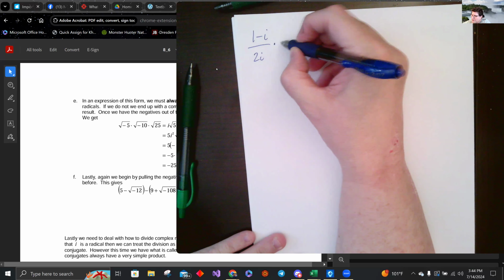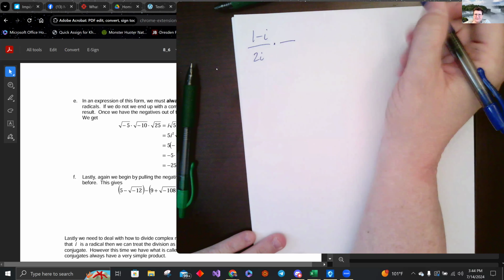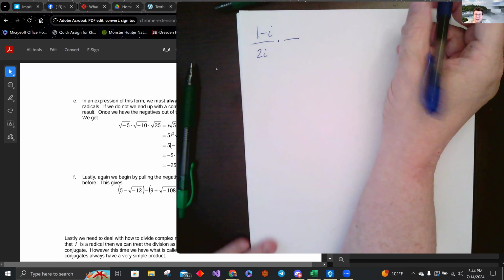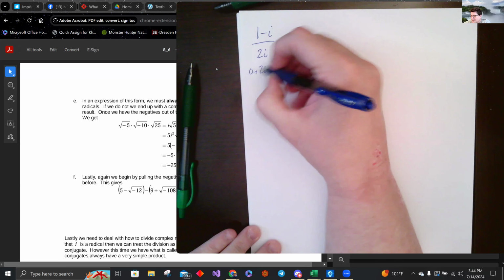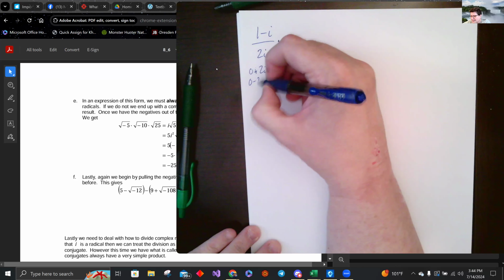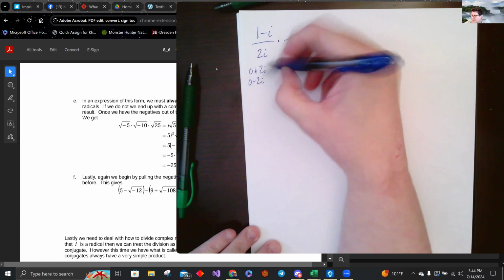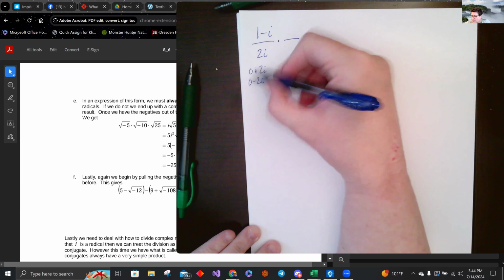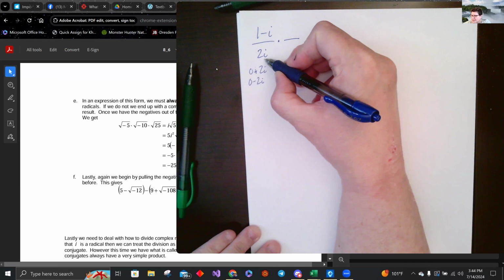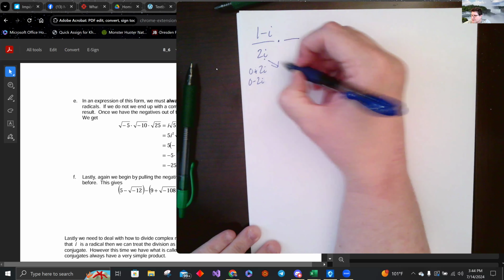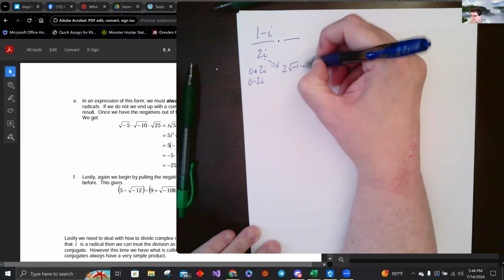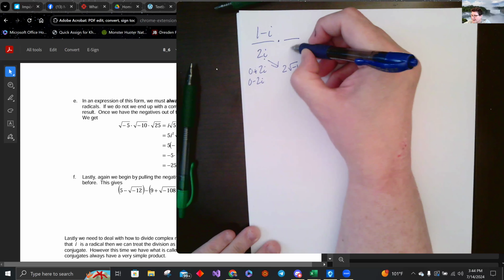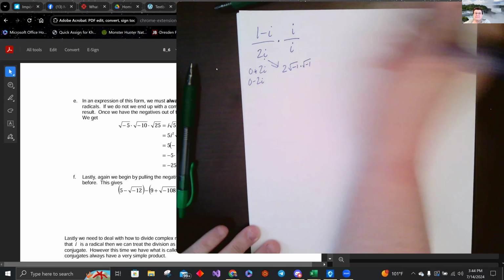Here, if your inclination is to multiply by negative 2i, you don't need to. Because this is like 0 plus 2i, so the conjugate would be 0 minus 2i. But with no real component, all we need to do is get rid of the i, because this is like 2 square root of negative 1. All I've got to do is multiply by the square root of negative 1. I just need to multiply by i.